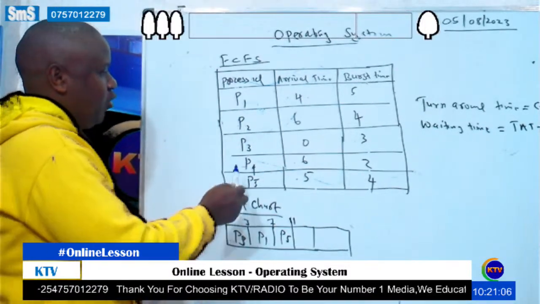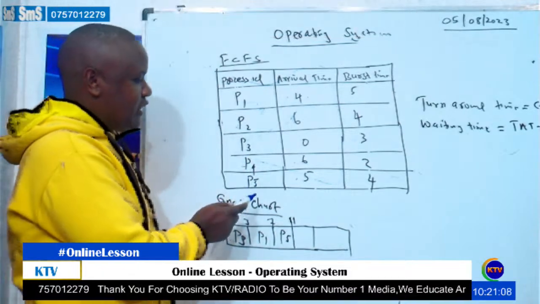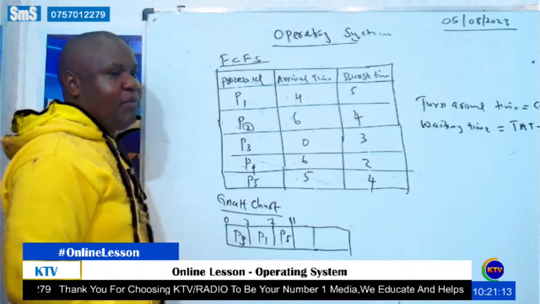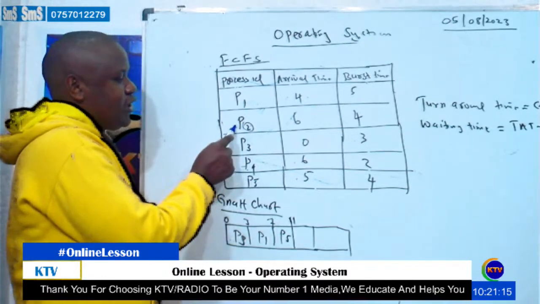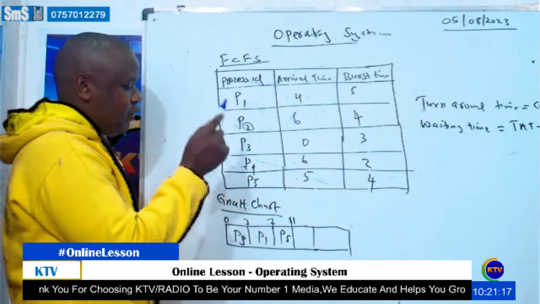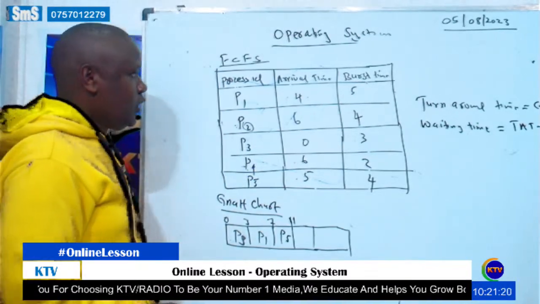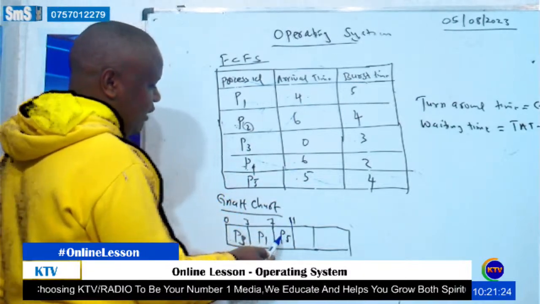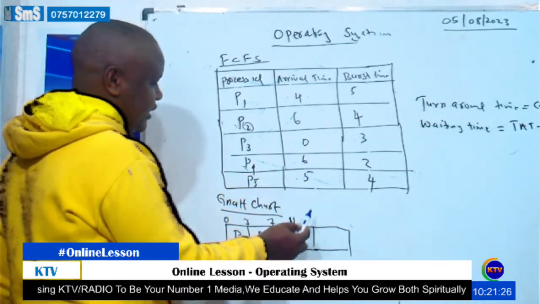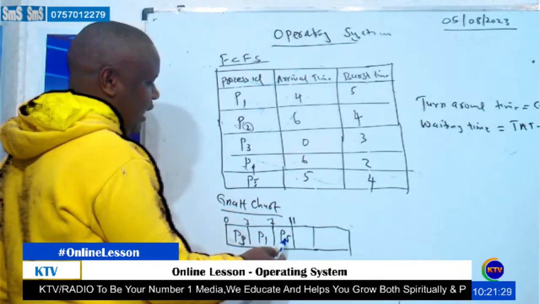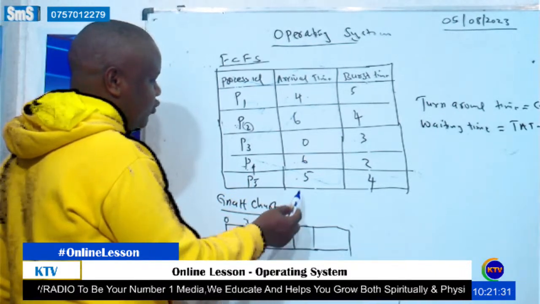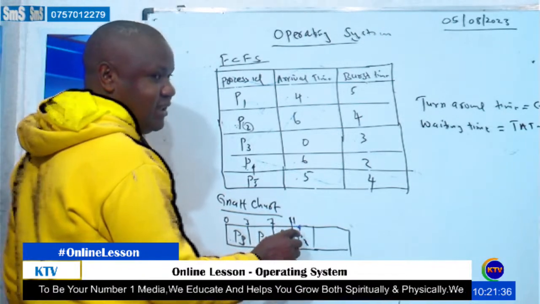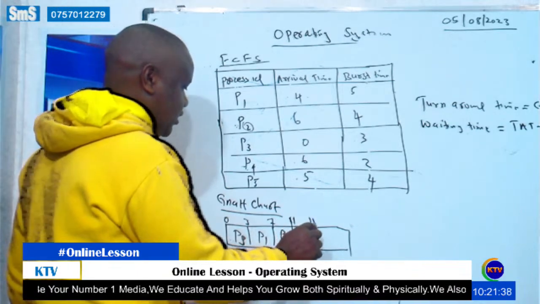Process 2 has the smaller process ID, so we consider process 2, and then process 4 follows. It took 4 minutes. 4 plus 11 is 15.